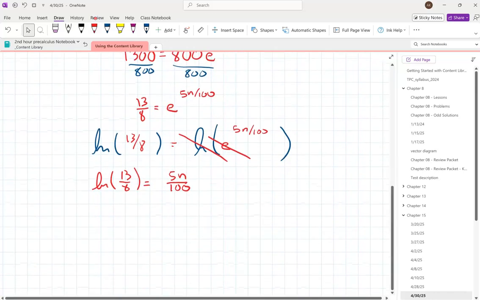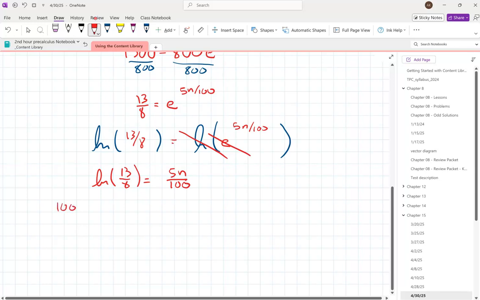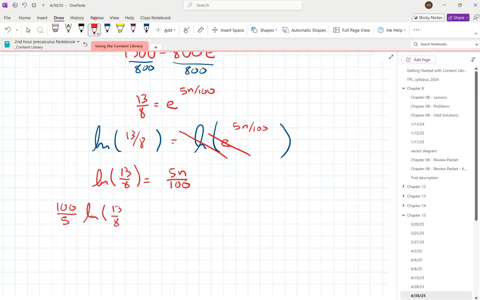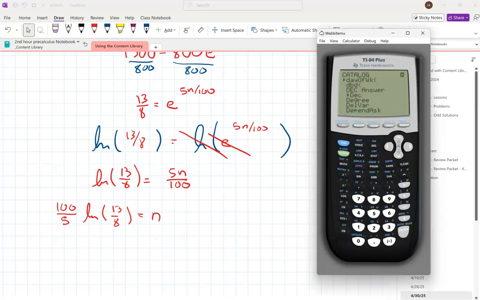And then to get the n by itself, we'll just multiply by the reciprocal. So I get about 9.7 years.